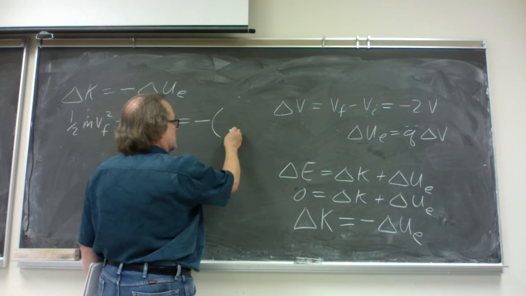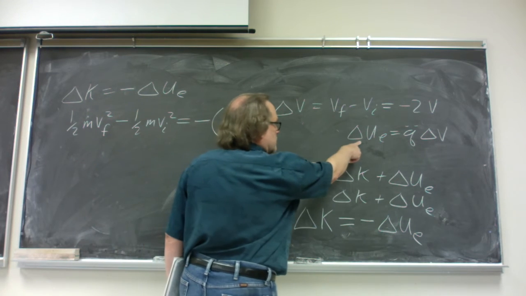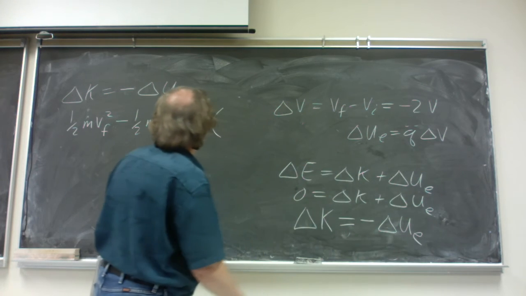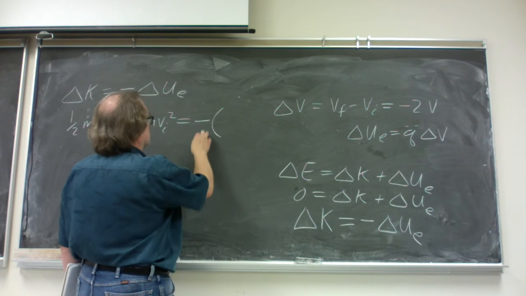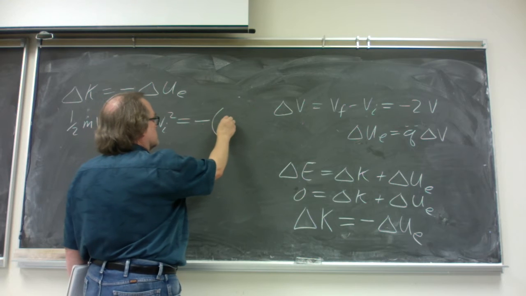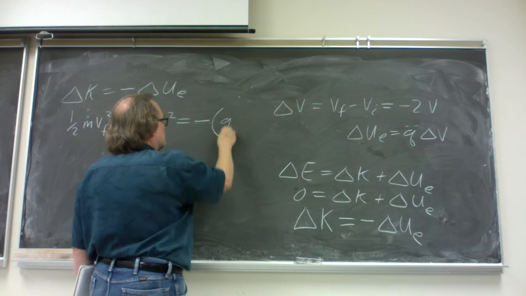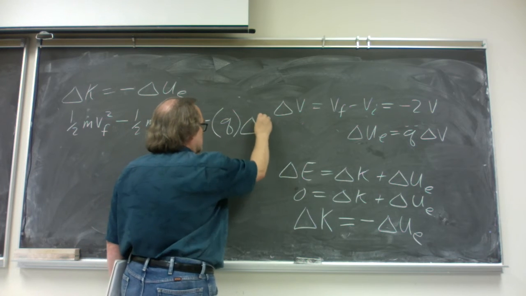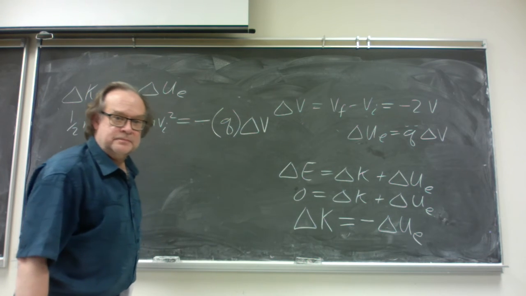And we know that change in potential energy is just charge times change in potential. So write it as -1 times the charge times the change in potential.